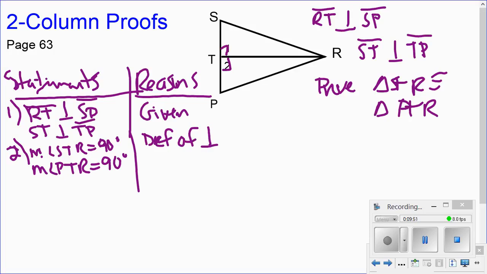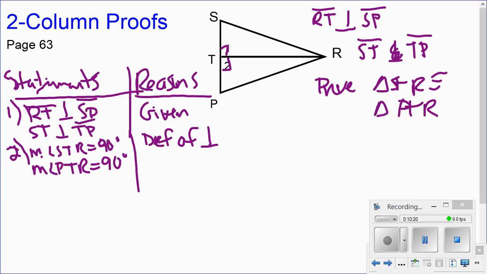Okay. Now, it also said that not only is RT perpendicular to SP, it also says segment ST is perpendicular to segment, whoops, hold on a moment here. I messed up here, so let me fix this. It doesn't say segment ST is perpendicular to TP.